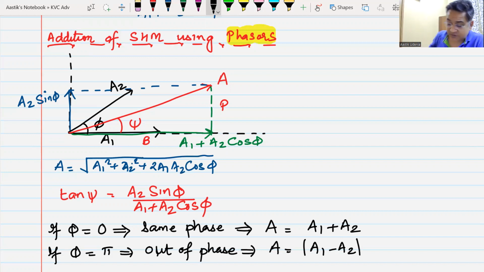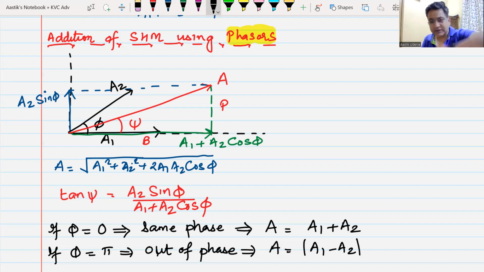So this is how you can add two SHMs, like two waves or like two vectors, when they have the same angular frequency. But this concept cannot be applied when they have different angular frequencies, because then the phase difference will not remain constant.